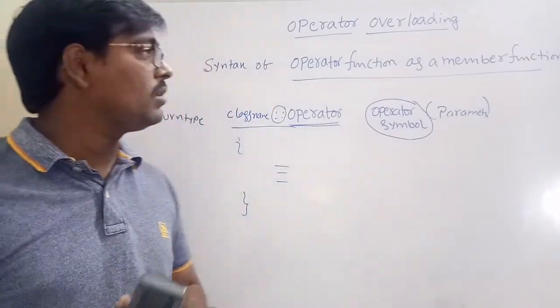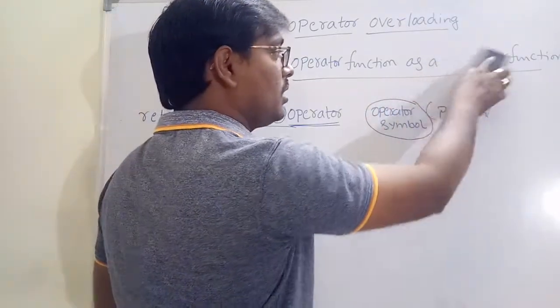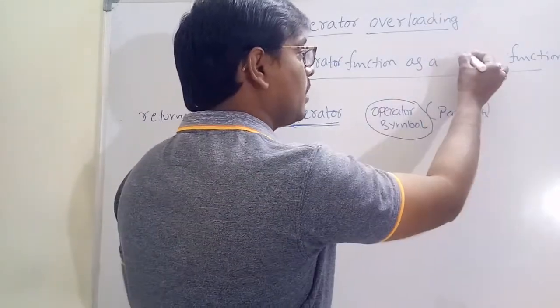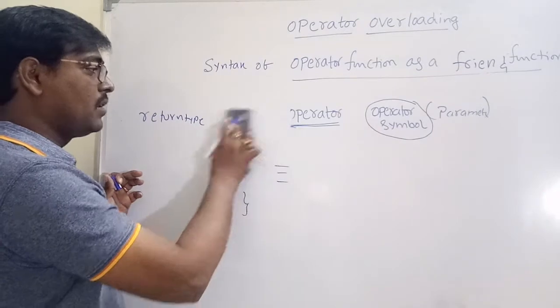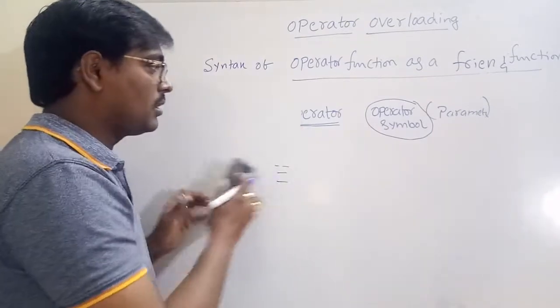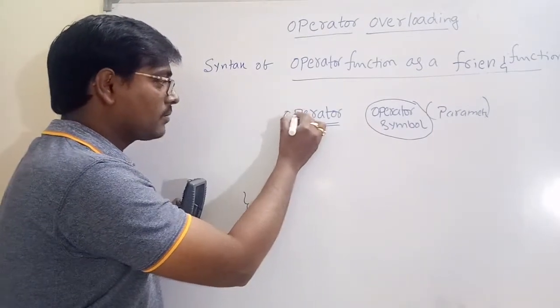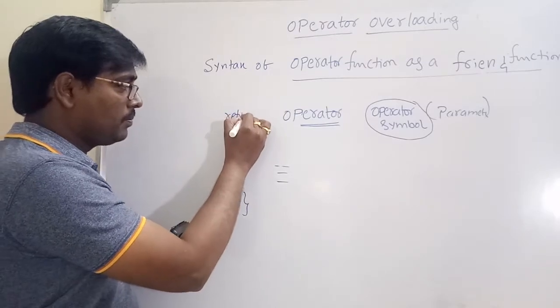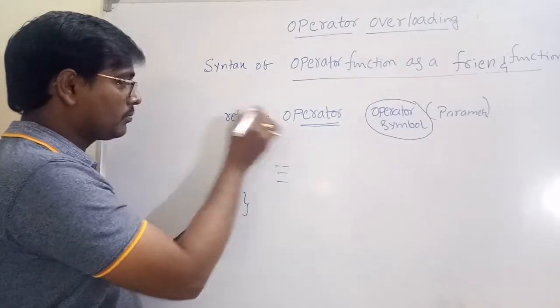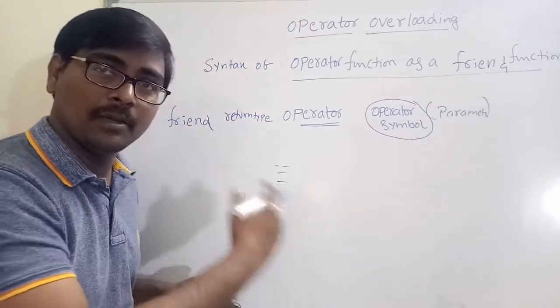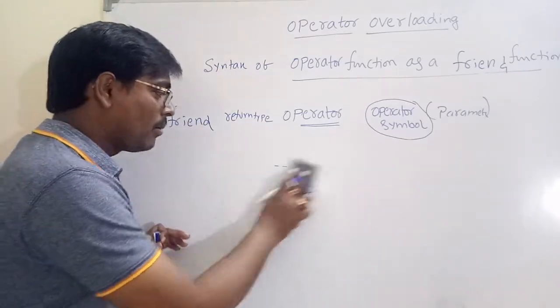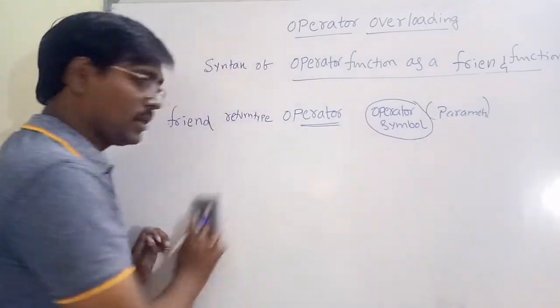Now what is the second one? The operator function defined as a friend function. The syntax is: return type, friend. The remaining procedure is completely the same, but a friend function has a property.